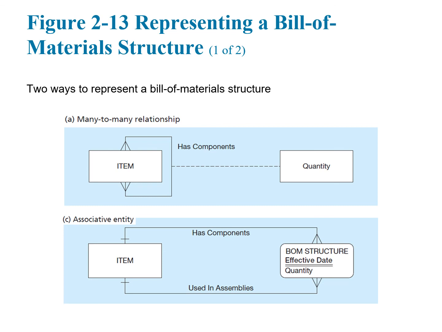Here, a unary many-to-many relationship is converted into two one-to-many relationships between the item entity and the bill of material structure associative entity. Note that effective date is a partial identifier, which implies that bill of material structure is a weak entity with respect to item.